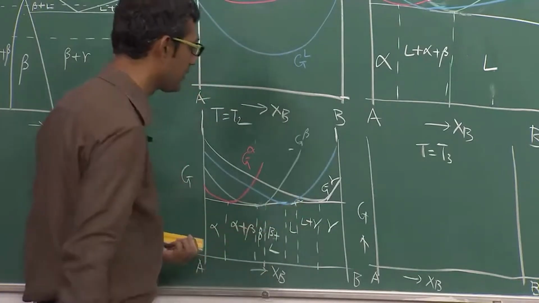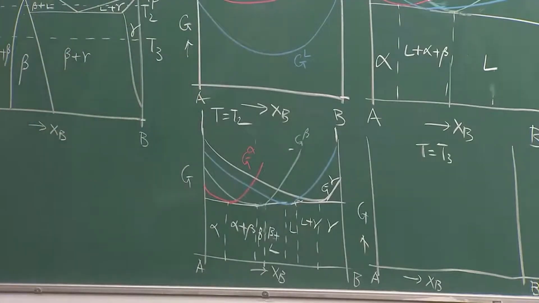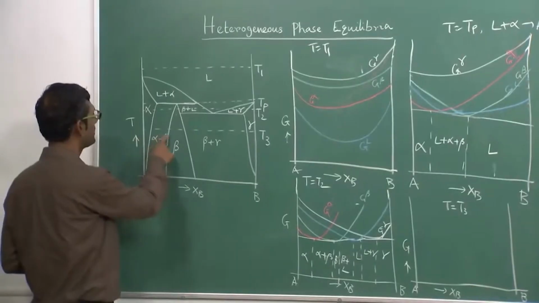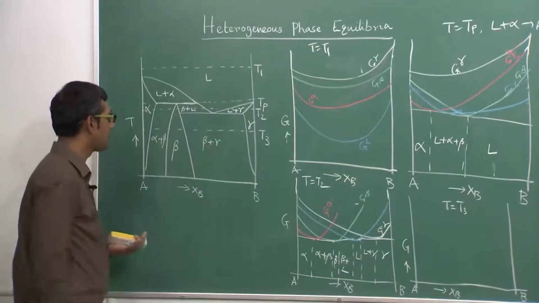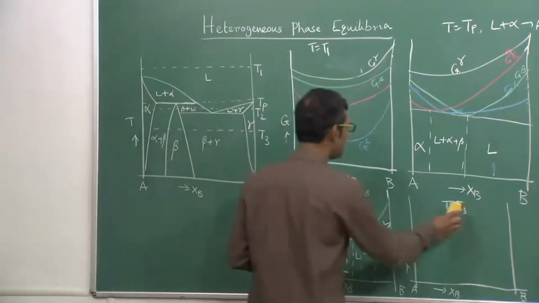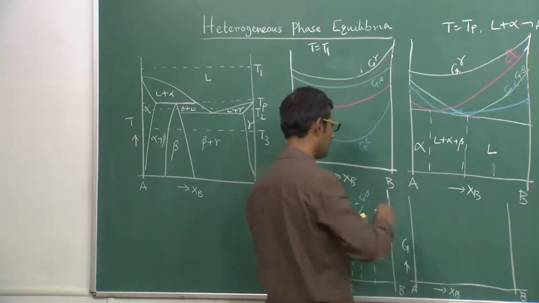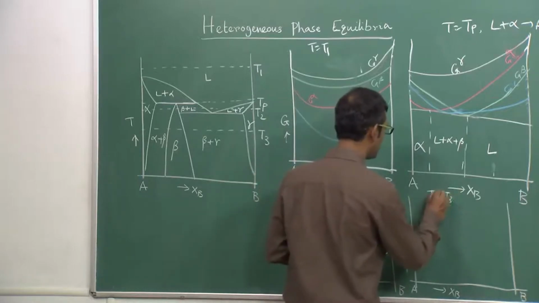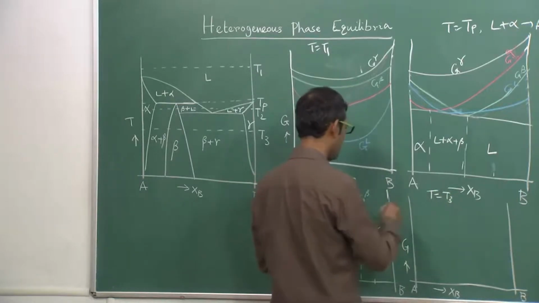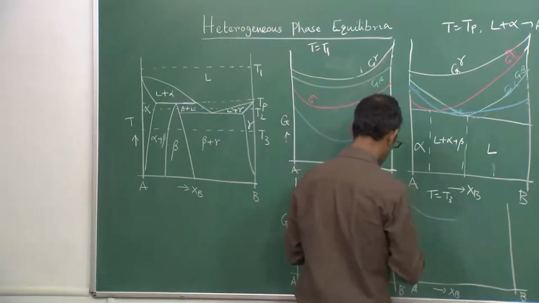That's why it is like this. Okay, so at T3, let us complete it at T3. Again you have alpha plus beta, beta plus gamma and gamma. Only thing is that at T3 liquid is going to be at a higher level. So liquid will be at a higher level. So let us finish it there.